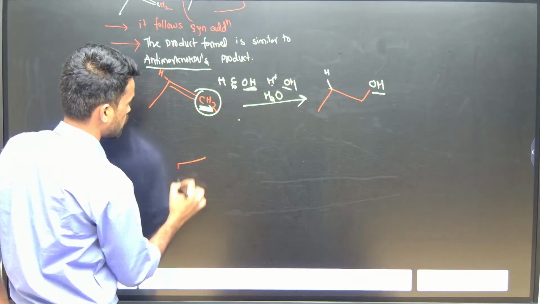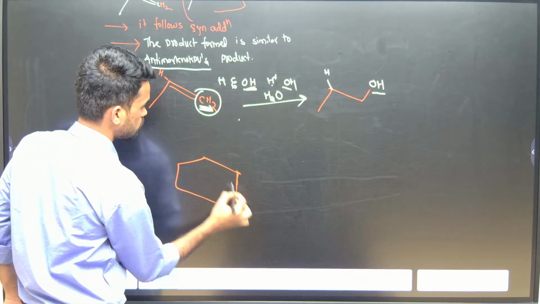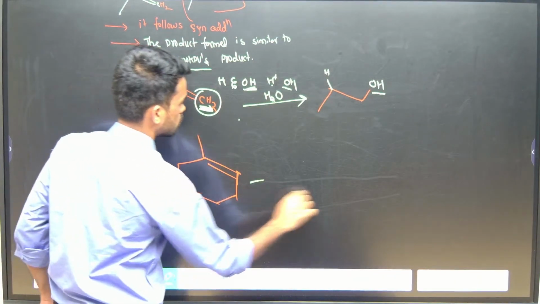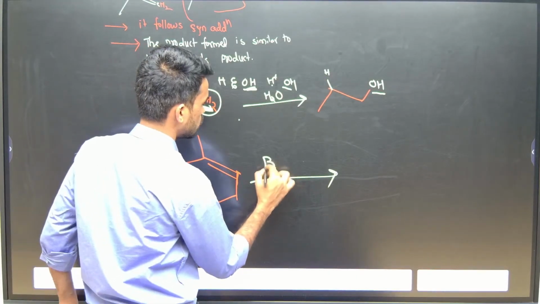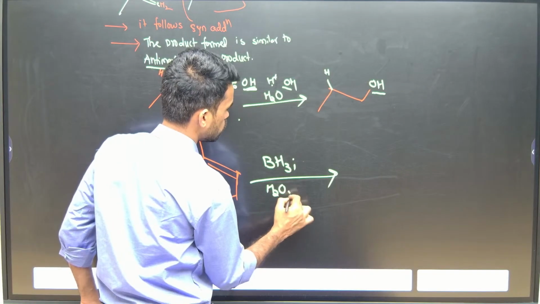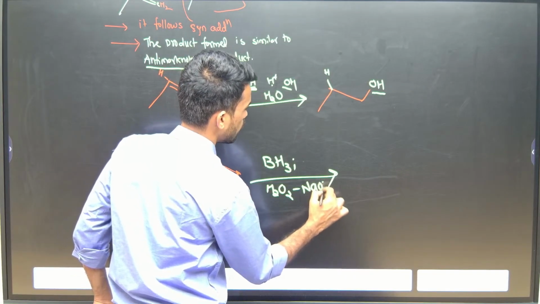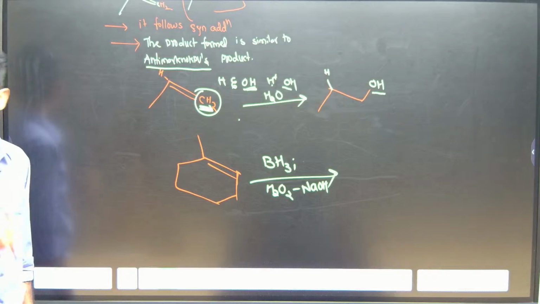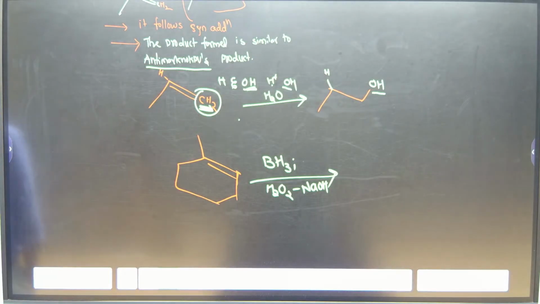See what I am writing here. BH3, then H2O2, NaOH. Tell me what happens. What is the product formed?